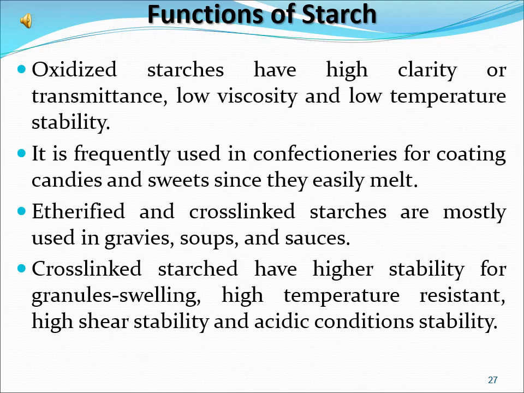Gravies, soups and sauces, tomato paste or ketchup. Esterified and cross-linked starches are mostly used. Cross-linked starches have high stability for granules, swelling, high temperature resistance, high shear stability and acidic condition stability.